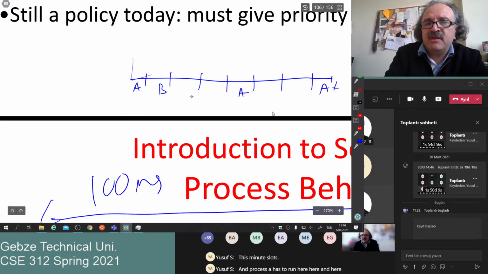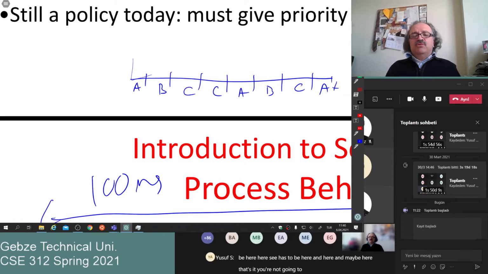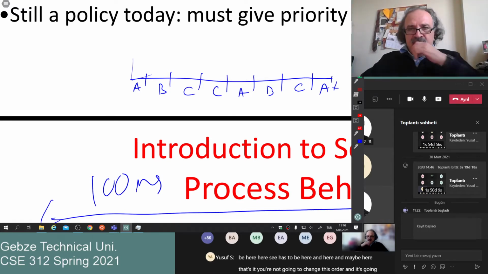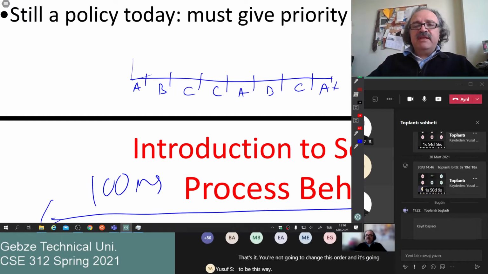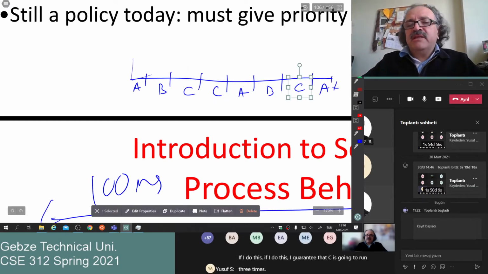Process B has to be here, here. C has to be here and here and maybe here. That's it. You are not going to change this order, and it's going to be this way. If I do this, I guarantee that C is going to run 3 times. Okay, there are no exceptions.